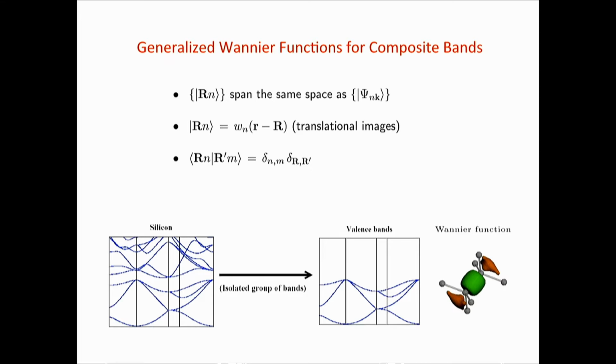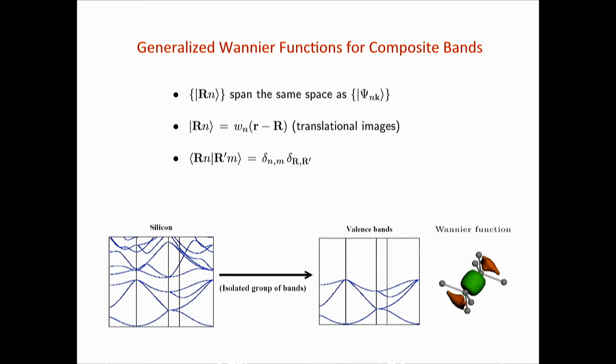You go from something very delocalized, like the psi, to something localized, but it's really a different basis set, nothing else. And we saw on the blackboard that the different R are just translational images at fixed n. So if you have n bands, you will have n different Wannier functions, with different shapes, but then you have a lot of copies of them.